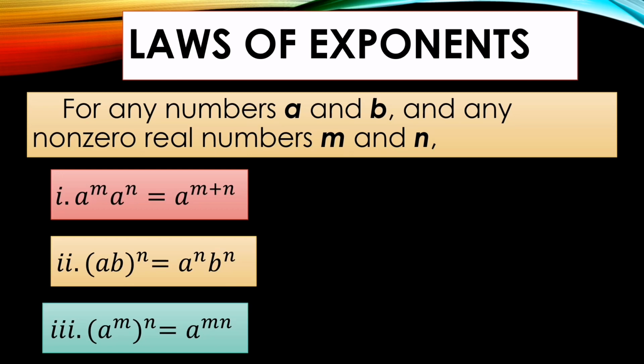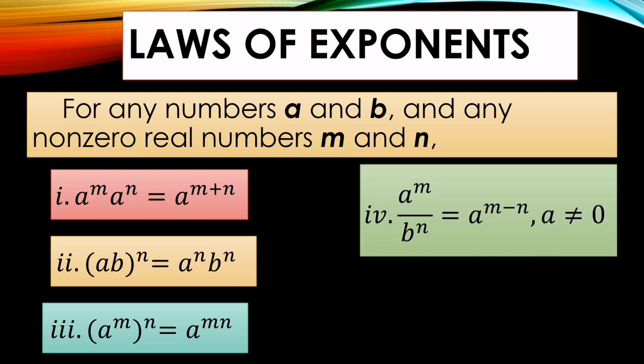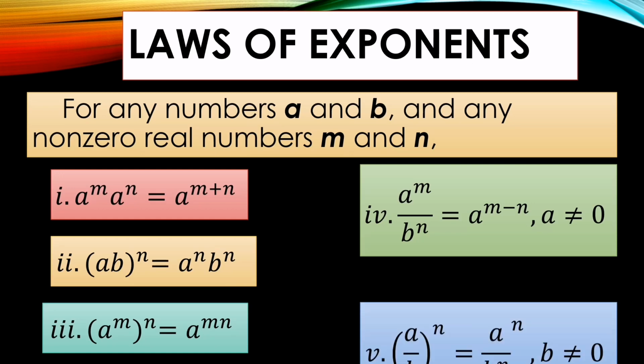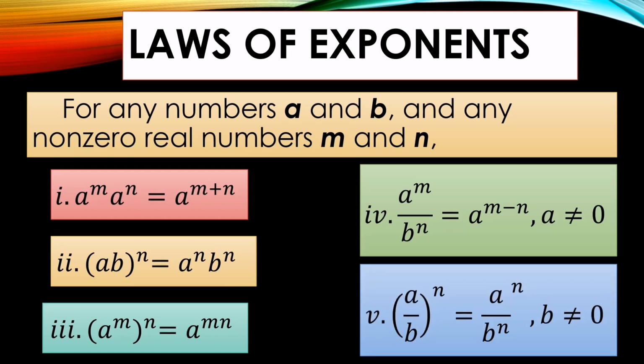Number 3, (a raised to m) raised to n is equal to a raised to m times n. Number 4, a raised to m over a raised to n is equal to a raised to m minus n, where a is not equal to 0. And lastly, (a over b) raised to n is equal to a raised to n over b raised to n, where b is not equal to 0.